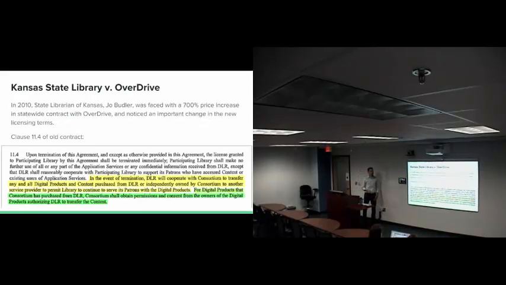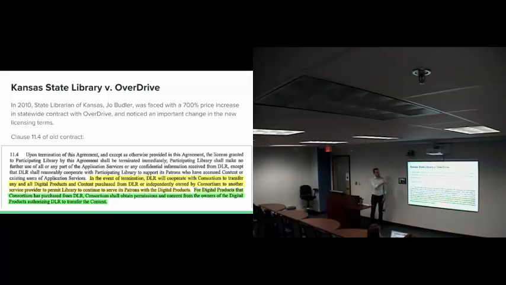Now, again, I said this isn't a story that's just full of doom and gloom. There are some bright lights. Many of you might have heard of the state librarian of Kansas, Joe Butler, who back in 2010, 2011 was renegotiating the statewide library contract for Overdrive in Kansas on behalf of all of the public libraries.